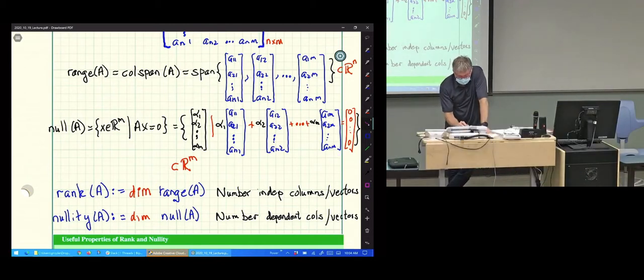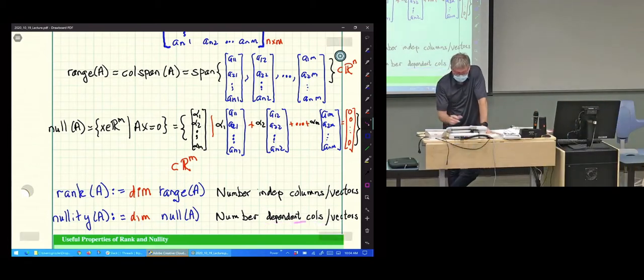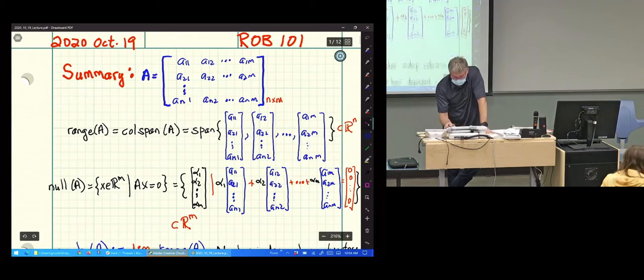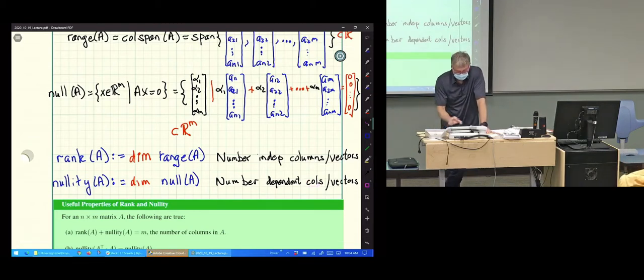So the dimension here is the number of dependent columns you have. If you're working originally with a set of vectors, you could have just stacked them up as the columns of A. Whether it's columns of a matrix or vectors in Rn, for us, we go back and forth and it's the same thing. So it's kind of cool.